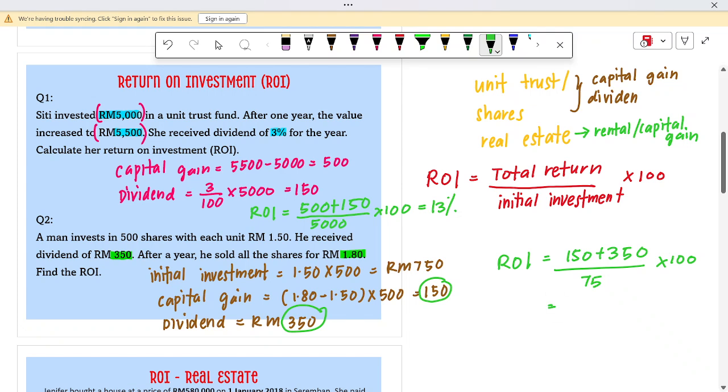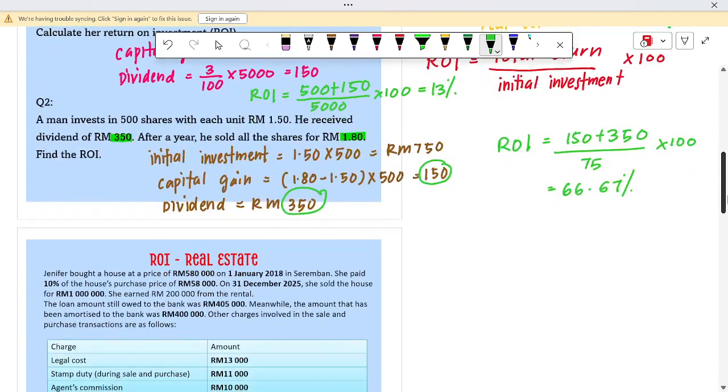So your ROI is 66.67%. Okay, so his return, ROI of investment by buying shares, is 66.67%. Okay, so this is the return for unit trust or shares. Let's see ROI for real estate.